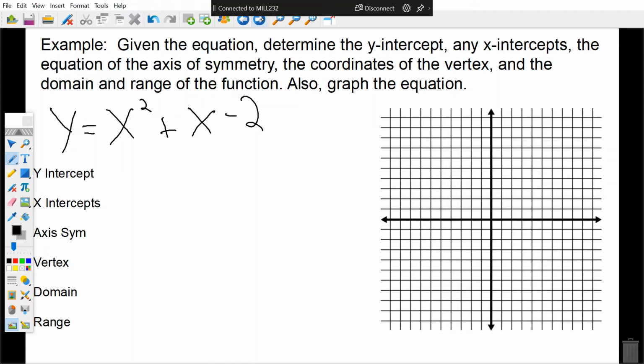So there's a lot of steps. Not all of them are hard, but there are a lot of them. The first thing I notice is this equation is in standard form, y = ax² + bx + c.